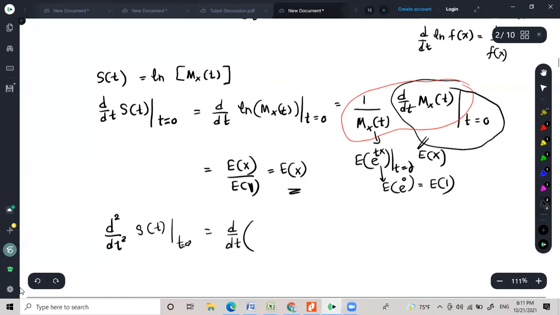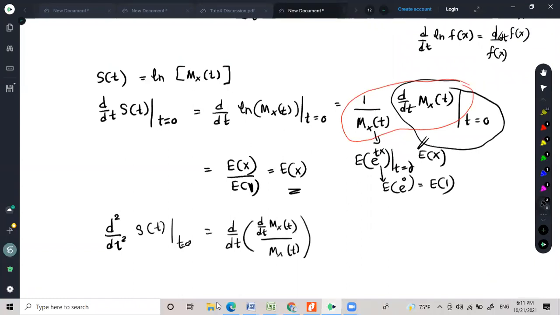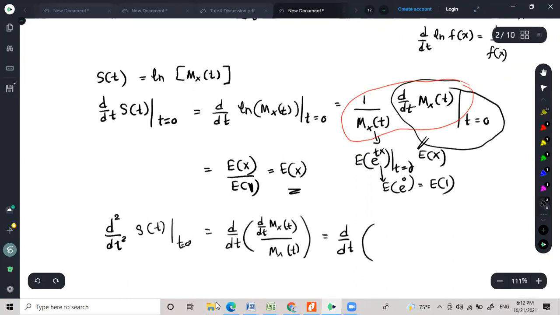I'm going to write d over dt of M_X(t), divided by M_X(t), and this is the second derivative of S(t). Now let me write it in another way so you can take the derivative easily. Instead of d over dt M_X(t), I'm going to use the prime notation. This is another way to write the first derivative, M_X prime of t. This means the first derivative of M_X(t). I hope you know this notation.